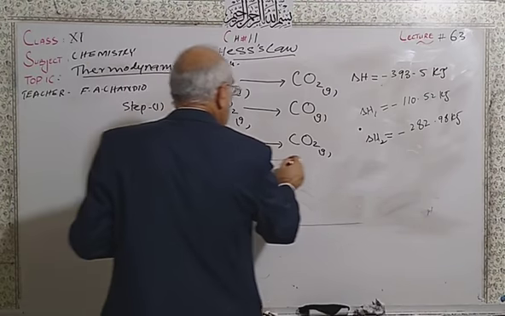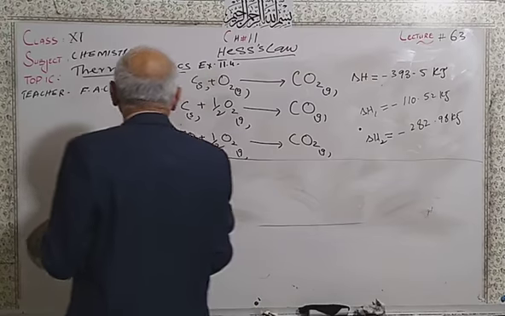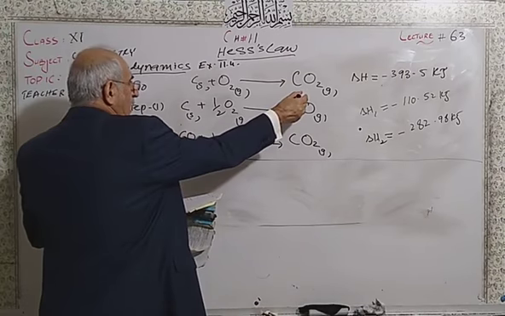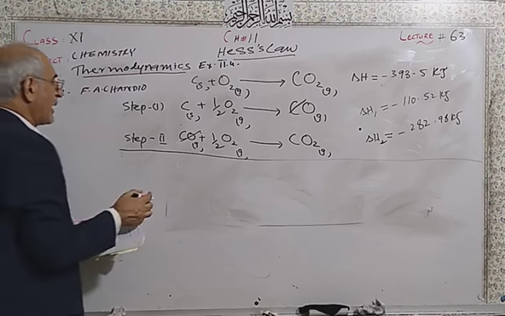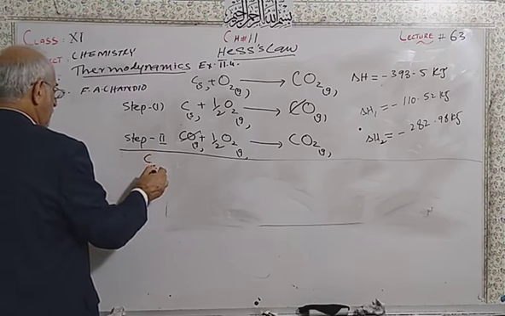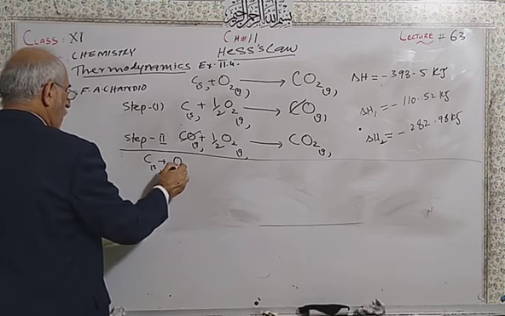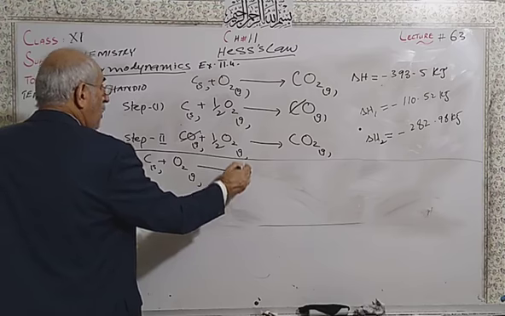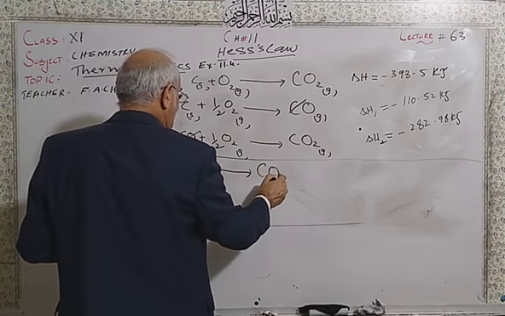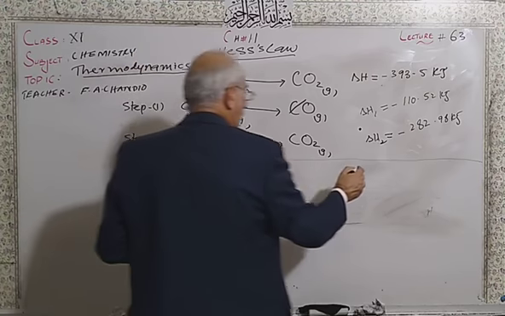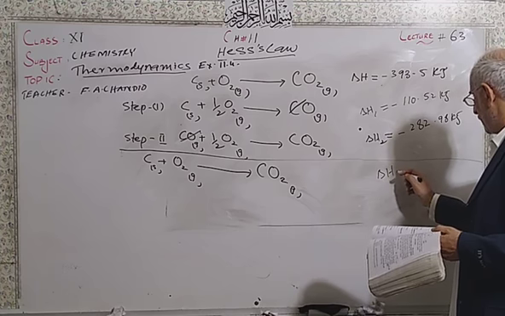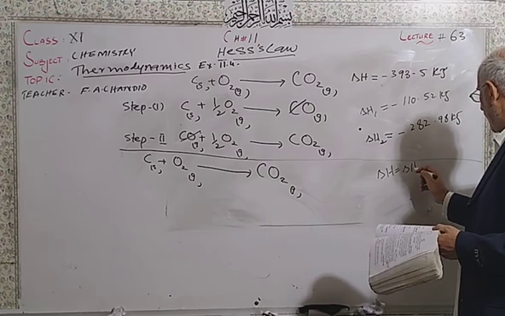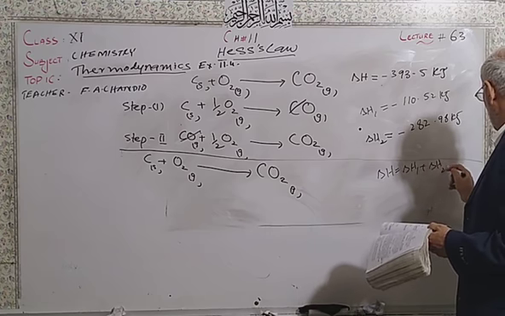So when you add these 2 equations, the carbon monoxide intermediate appears on the product side and on the reactant side, so it will be cancelled. So carbon solid, half and half, a full mole of oxygen gas, forms carbon dioxide gas, and this delta H is equal to delta H1 plus delta H2.